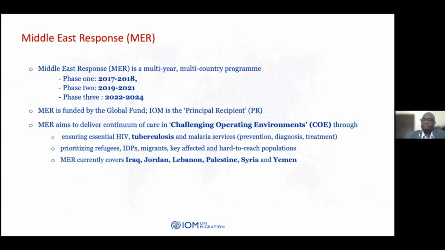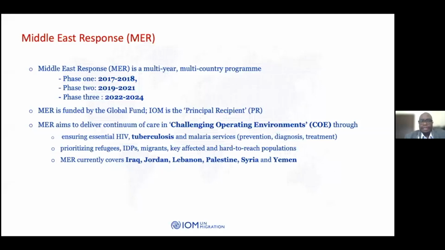So quickly, the Middle East response, like I said, is a Global Fund-supported project. We are now in phase 3 of the project, which started in 2022, ending in December 2024. And IOM is the principal recipient of the grant. What do we aim to achieve? We are aiming to ensure essential HIV, tuberculosis, and malaria services, prevention, diagnosis, and treatment, are provided to refugees, IDPs, migrants, key affected and hard-to-reach populations.